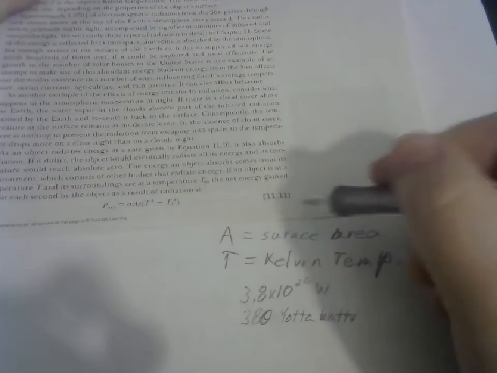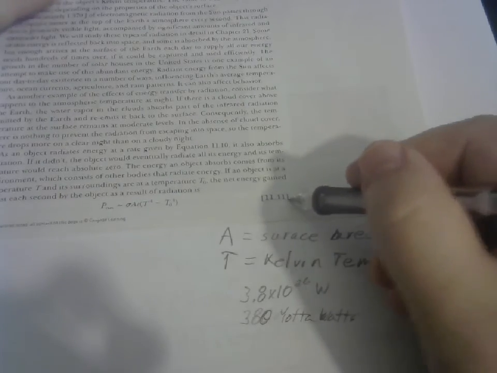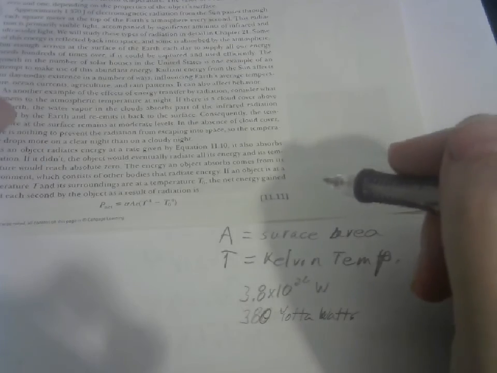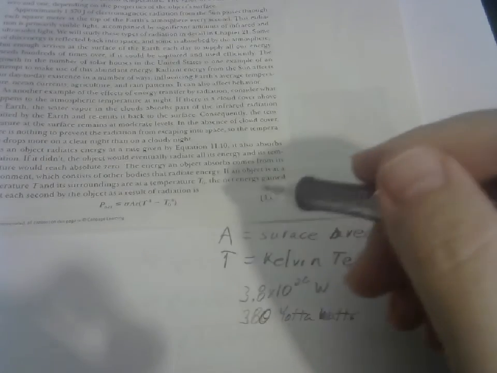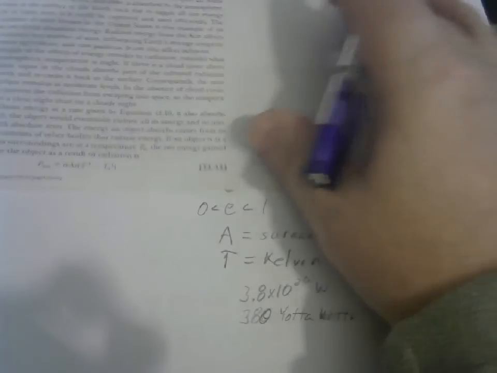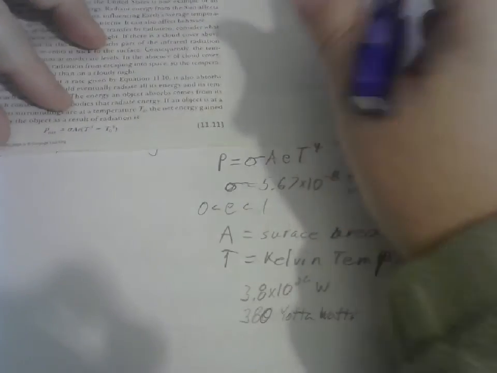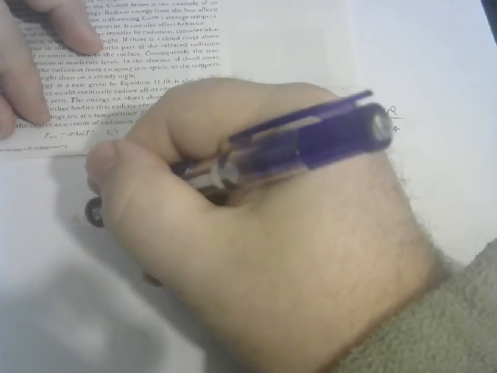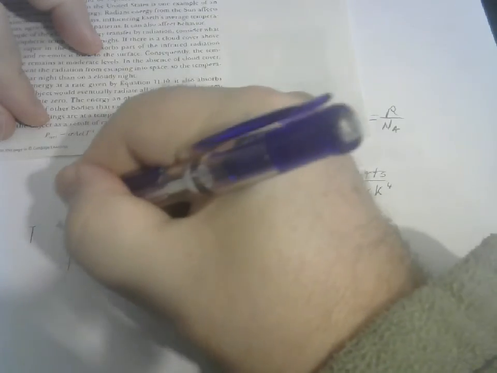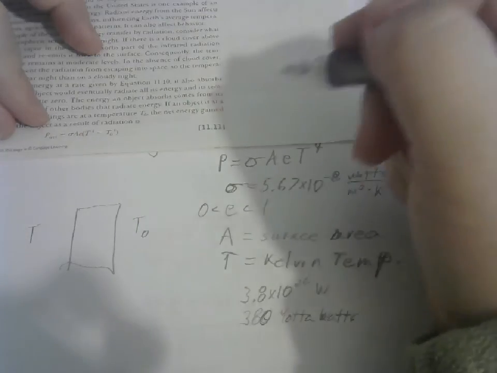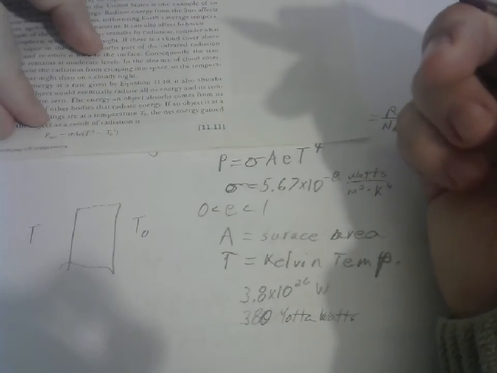Things get a little bit confusing though, I think, with equation 11.11, because equation 11.11 sort of puts the radiating body basically in contact with another body. So we've got the area here, we've got a temperature here of the radiating body and the temperature here of the body that is radiating back.